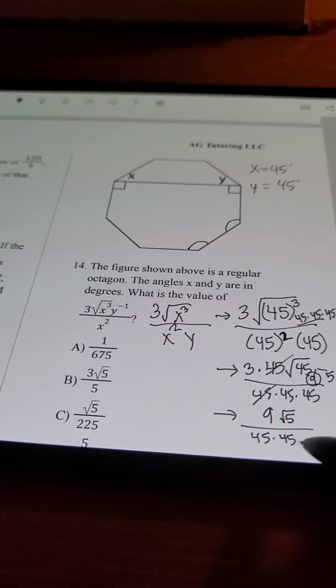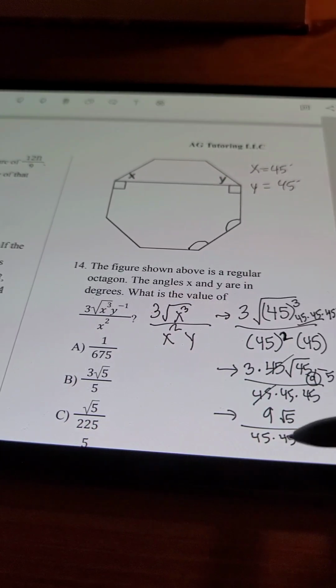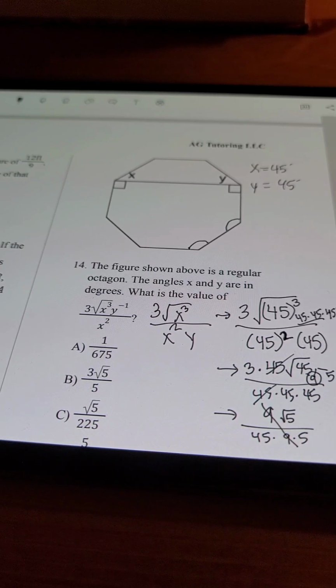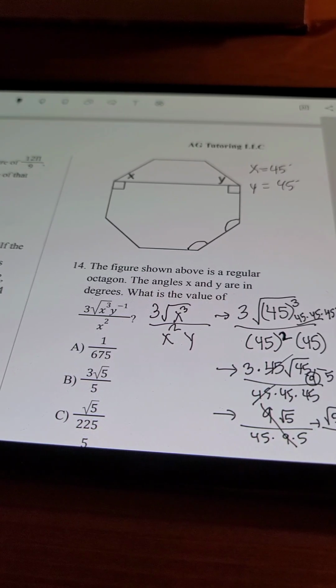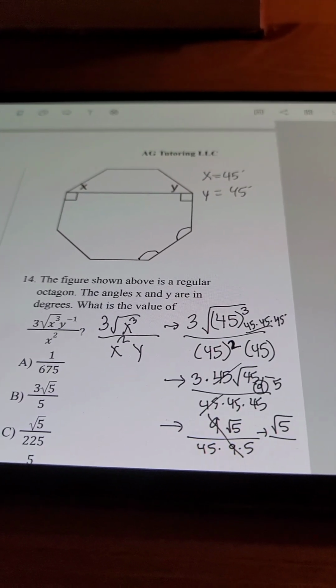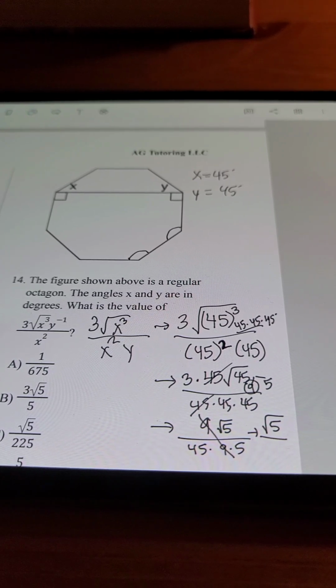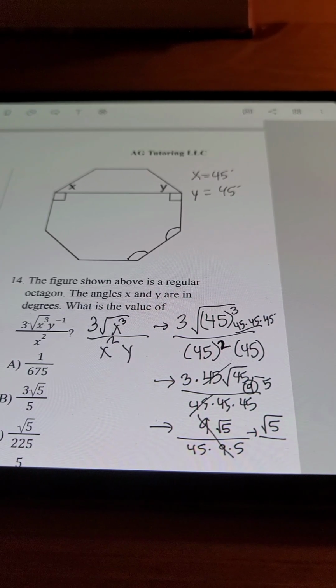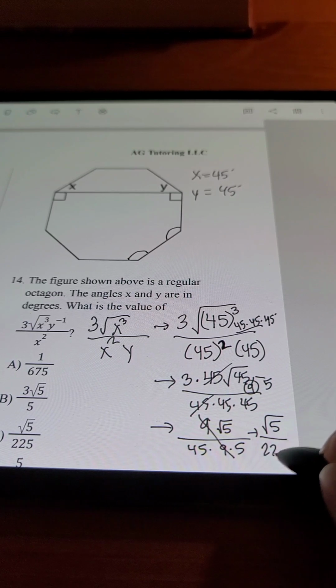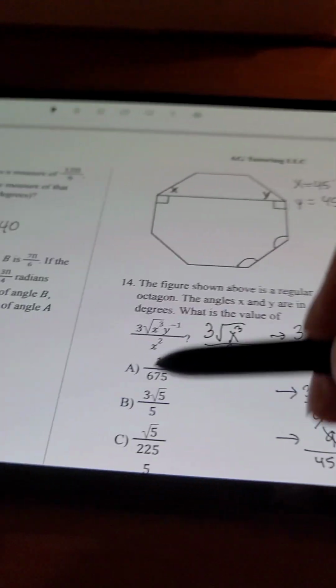And then I can rewrite one of the 45s as 9 times 5. I could say these cancel out. So then I'm just left with root 5 over whatever 45 times 5 is, which is 180 plus 45, so 225. Yeah. So then that's just going to be C.